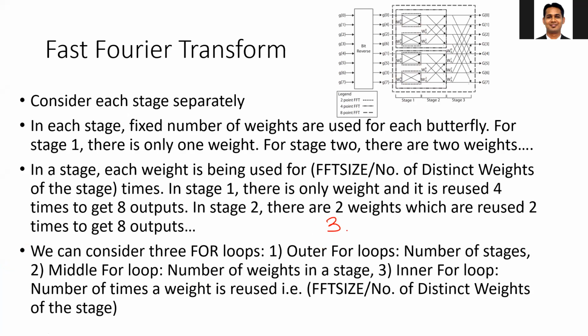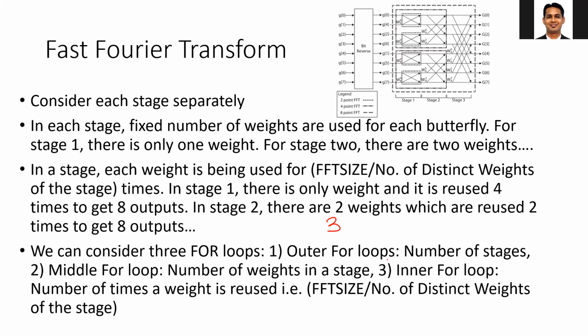For example, for stage 1, the middle loop will be executing for only 1 iteration, because there is only 1 weight. Then for the second stage, the middle loop will execute 2 times for 2 weights, and in the third stage, it will be executing 4 times, because there are 4 weights.